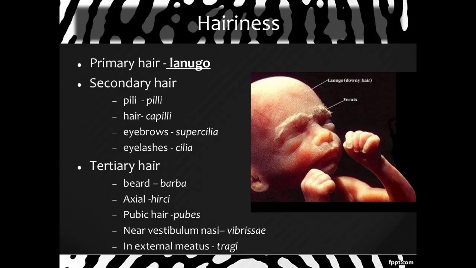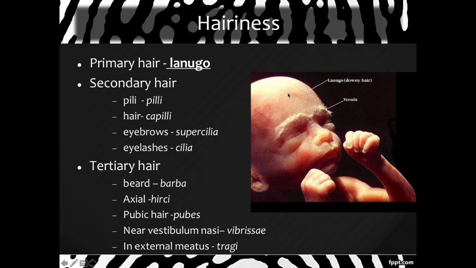Hairiness: you know that primary hair, lanugo, which all fetuses have, starts to grow between the 9th and 11th week of gestation, and it is best visible on the face.